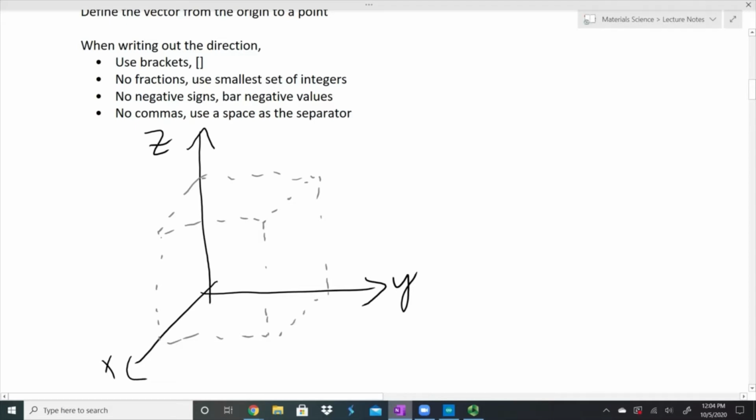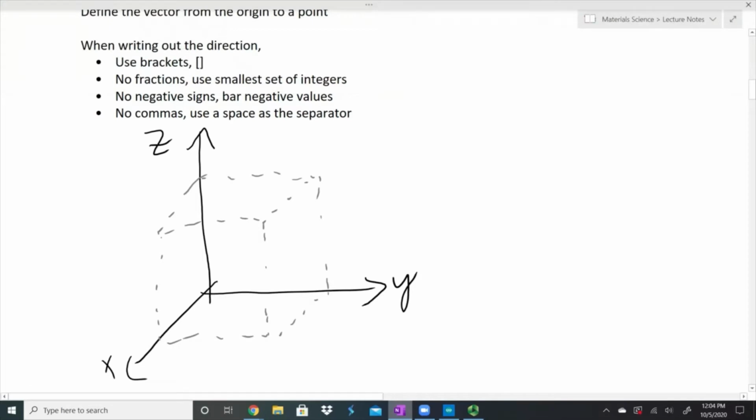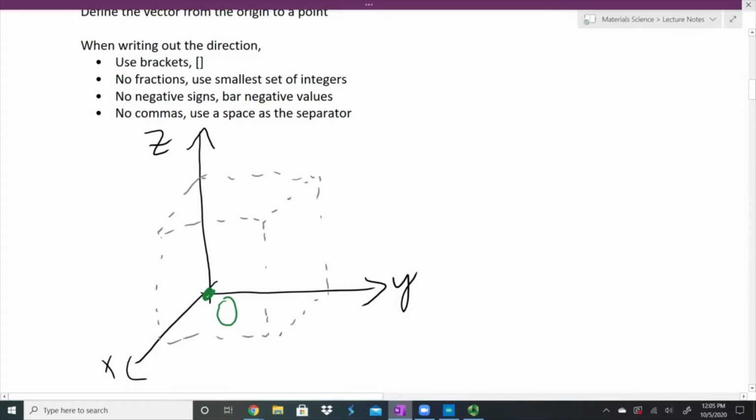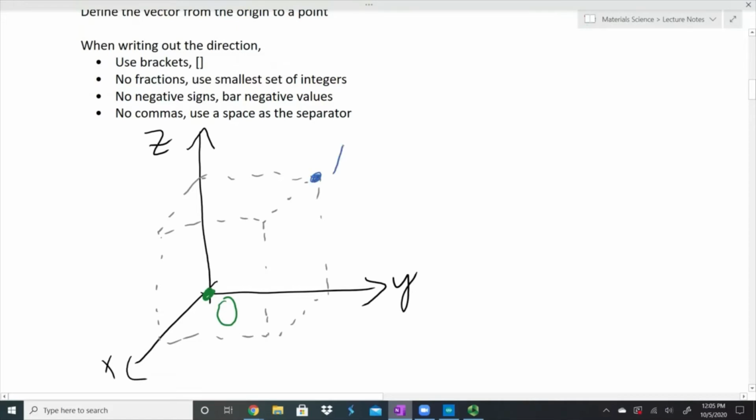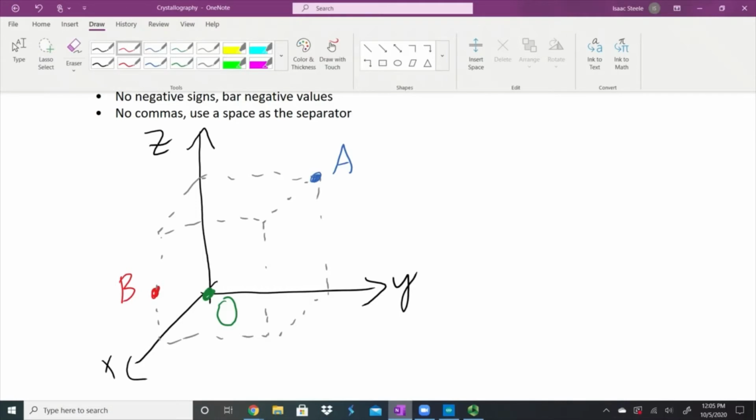And what we're going to do is use the exact same points as we did for our last one. I have my origin here. I'm going to have A up here, and I'm going to put my B on this side.